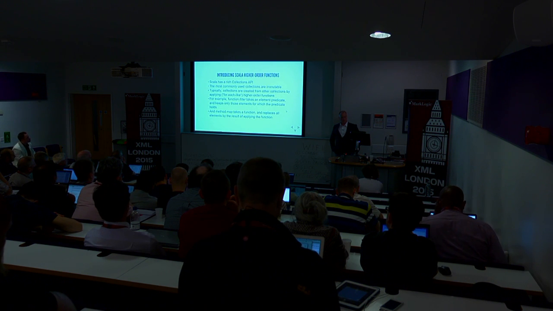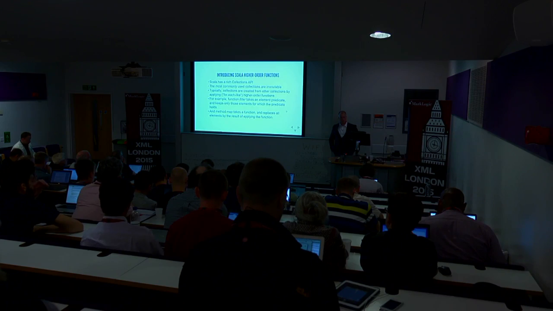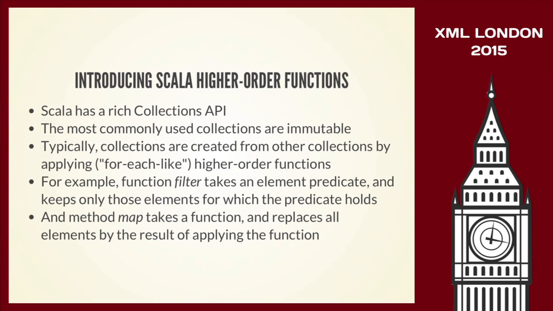Filter, like the name implies, takes an element predicate and keeps only those elements for which the predicate holds. Whereas map takes a function, and replaces all elements by the result of applying that function. So these are two of the most fundamental higher order functions of the Scala Collections API.